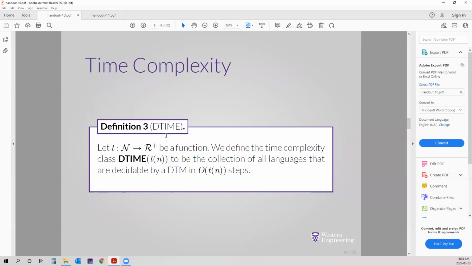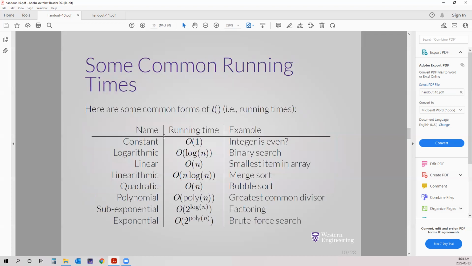This just summarizes what we were talking about, the definition. I will not go very deep into the math in this matter. So we will give some common running times.